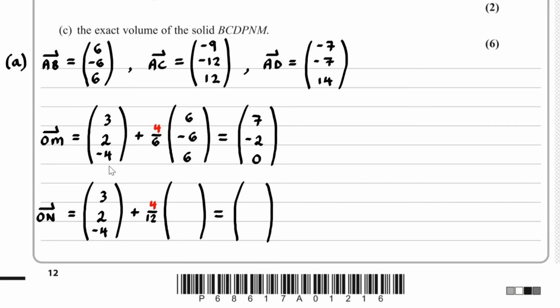So for ON, we start off at A and then we add on 4/12 of AC, which is -9, -12, and 12. And if I work out what this is, we end up with 0, -2, 0.